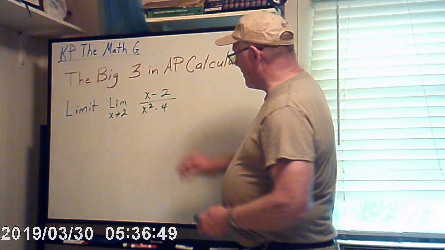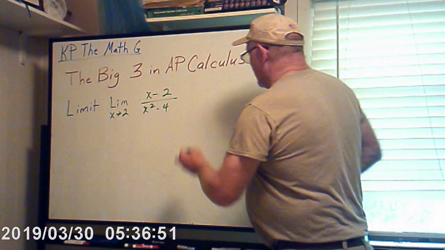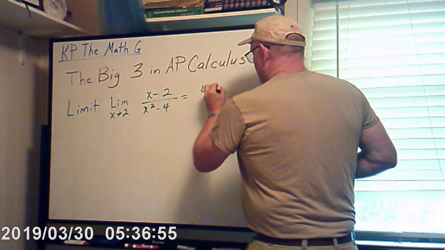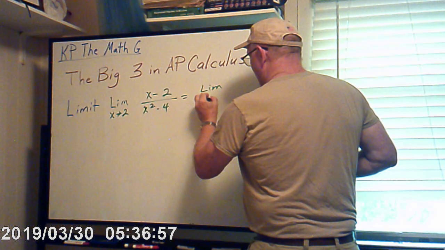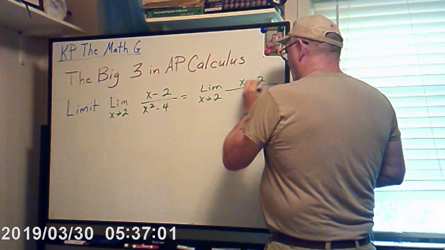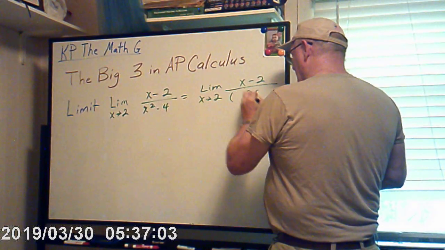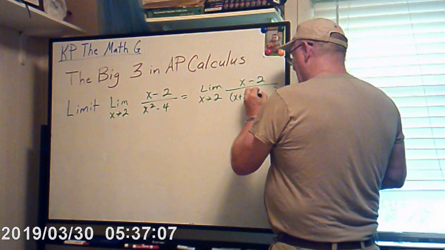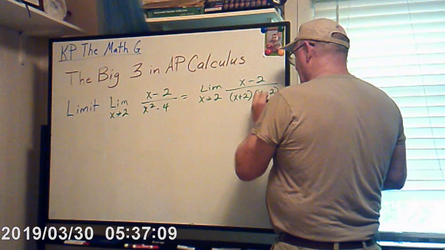But right now you can just factor. I can factor x squared minus 4. Probably you saw that. Alright, now we know that's the difference of two perfect squares. X plus 2, x minus 2.